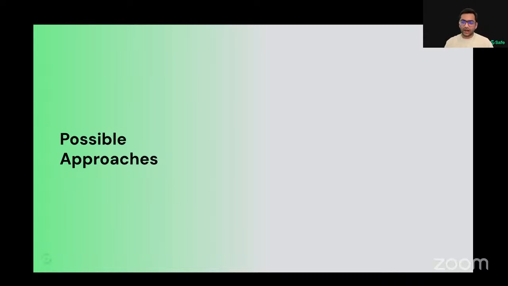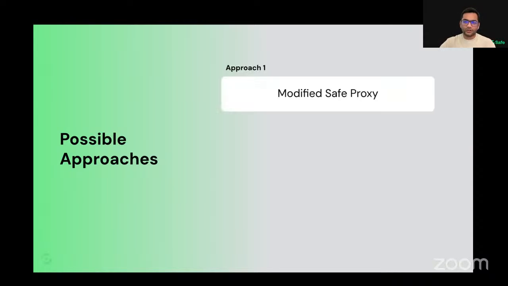So we have discovered many approaches to do so. We are going to share 3 possible ways here right now and go into the code of each. And we also have a demo with a UI on how to use one approach. So coming to approach one, we have a modified Safe proxy where we change some logic in the standard Safe proxy contract and a minor change in the Safe singleton as well, but that's an optional change.